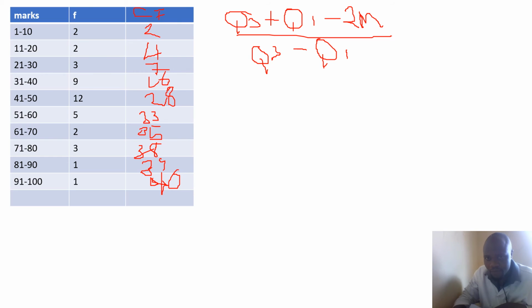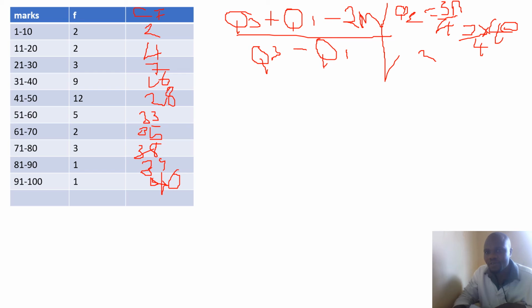And for us to be able to get the Q3, we know that Q3 will be given by 3 divided by 4 of n. So in our case here, if you take 3 out of 4 multiplied by 40, this one will give us the 30th position.